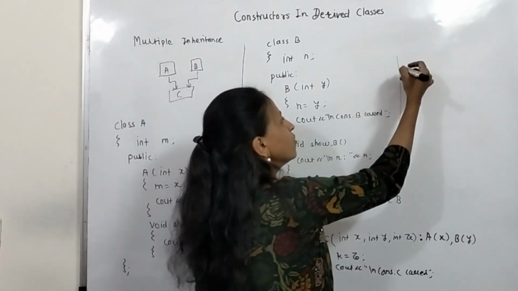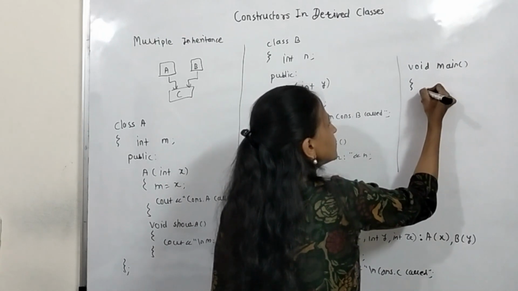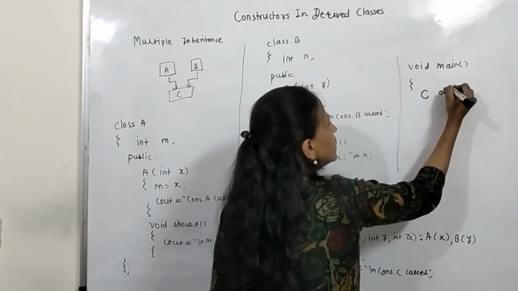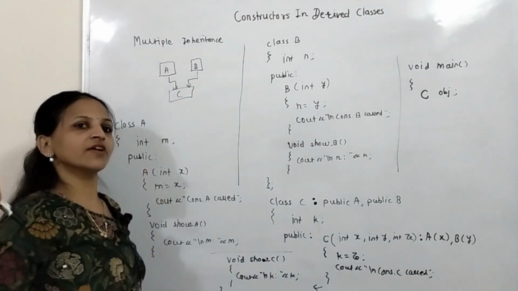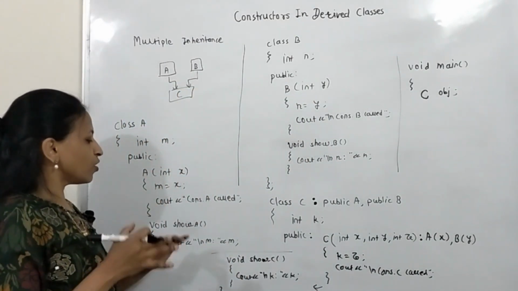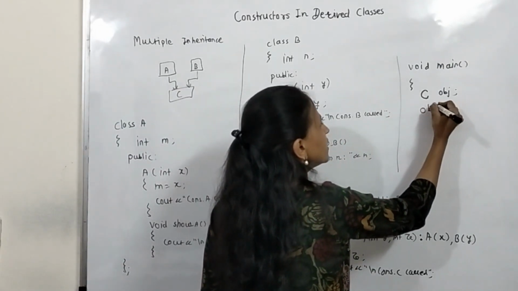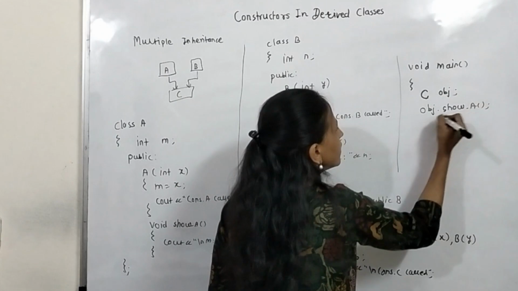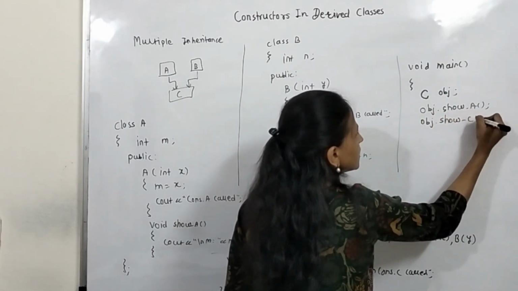Okay, void main, and here we create an object of class C, obj. Now simple, automatically the constructor will get called. We just have to call all the show methods one by one. obj dot show A, then obj dot show B and show C.